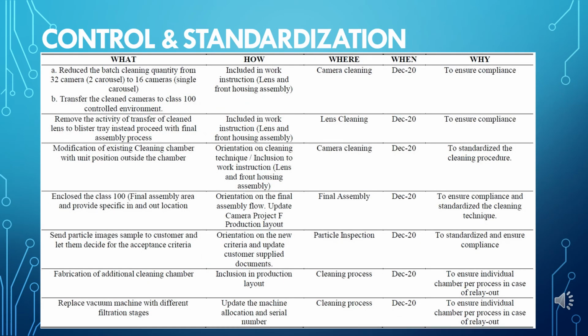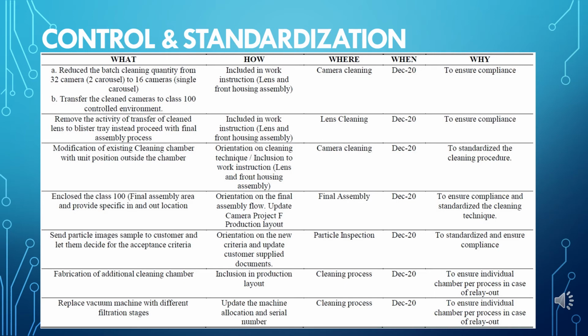After the improve phase, we now come up with the control and standardization of the improvements in order to ensure compliance and continue to reduce the defect particle scrap. Under the what column, we have listed here the 7 improvements, and in the second column, how this will be worked on.